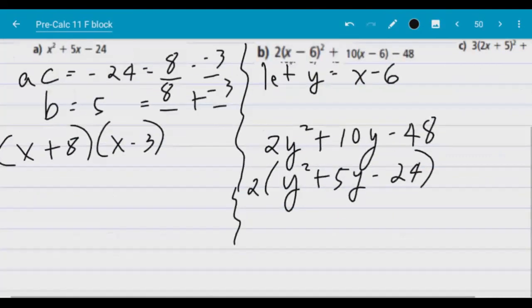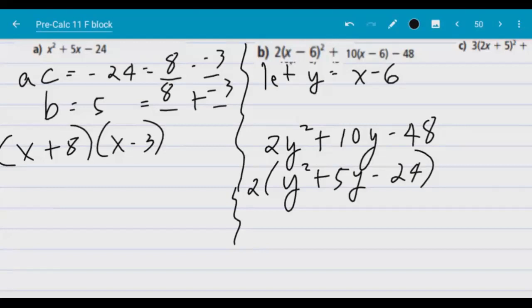And again, I think by now you would already have that skill wherein you are looking at two numbers that will multiply to negative 24 and add to 5. Now, guys, I don't know if you noticed that it looks like it is exactly the same as letter A, except that this time you have a y instead of an x.